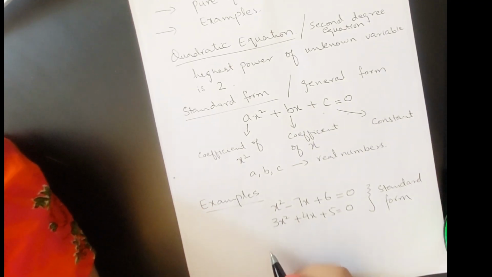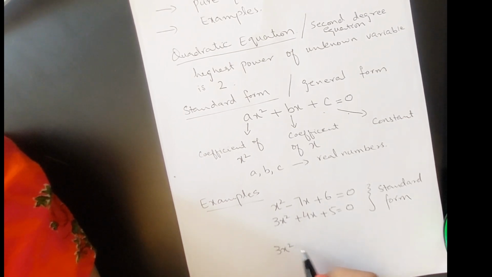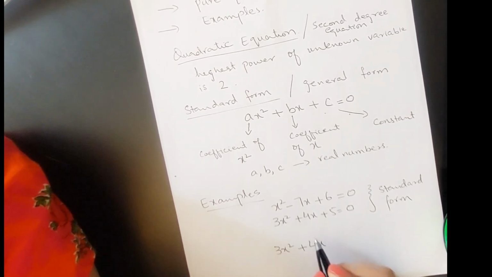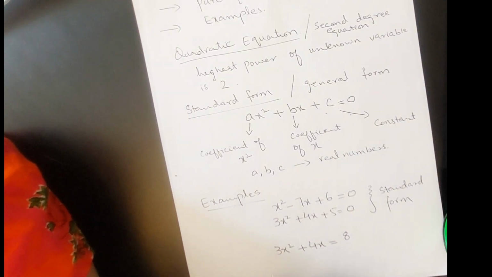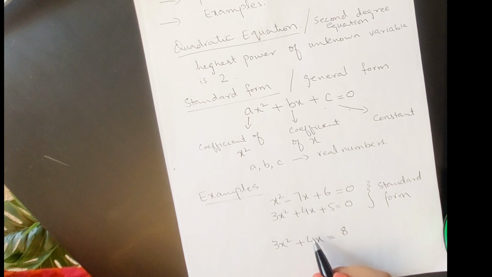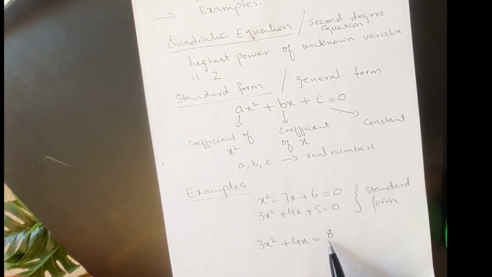So if I write some other example, like 3x square plus 4x is equals to 8, right? If I write this equation 3x square plus 4x is equals to 8, this is not equals to 0.